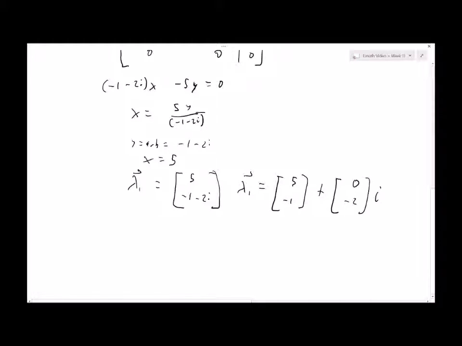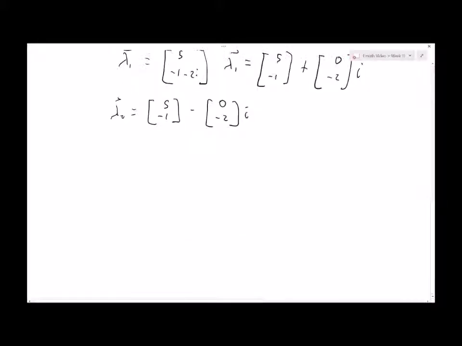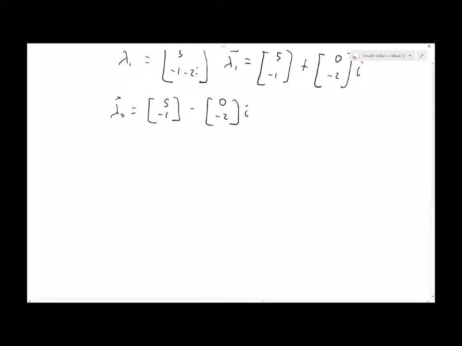Alright, so what do we know about complex stuff? It's always plus or minus. So eigenvector 2 is just going to be 5, negative 1, minus 0, negative 2, i. Real simple, not hard.